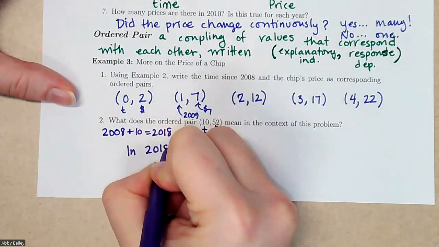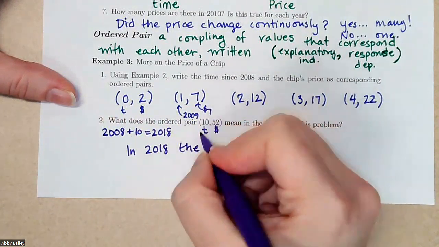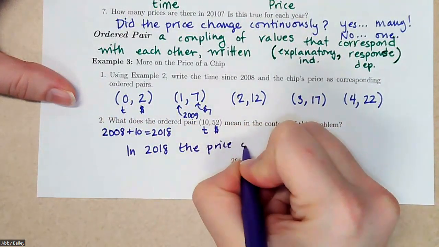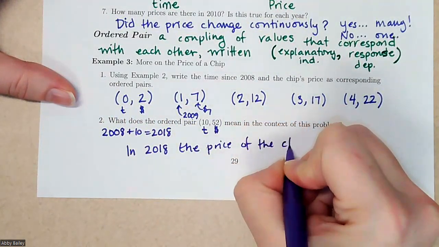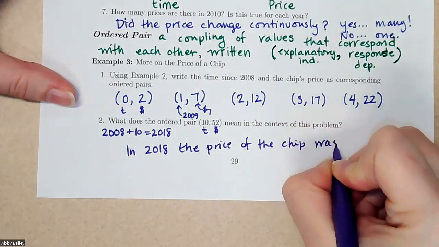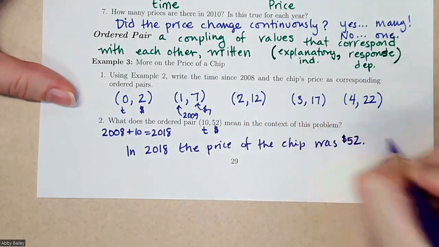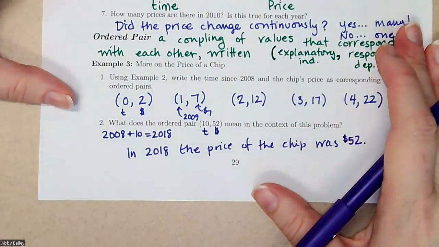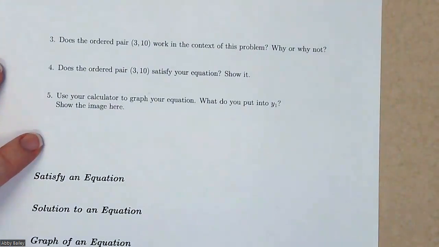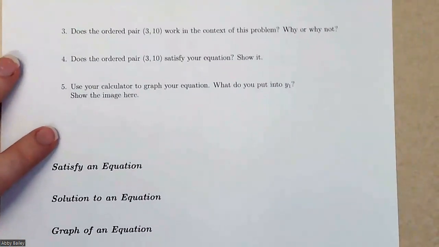In 2018, the price of the chip was $52. There we go. So it's really about recognizing how to read those two numbers that correspond to each other.